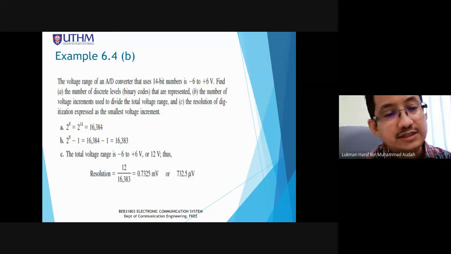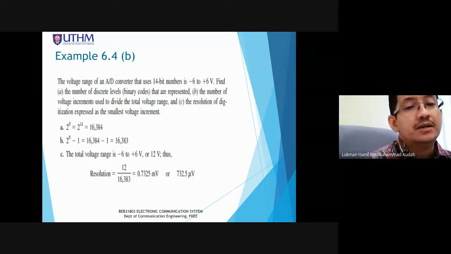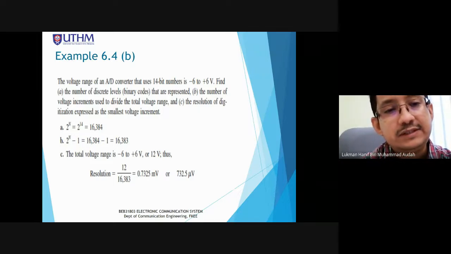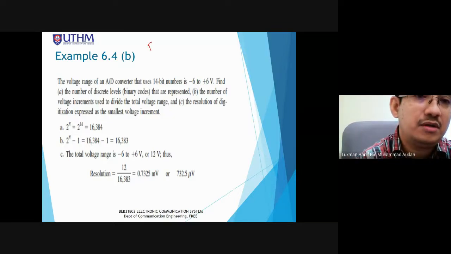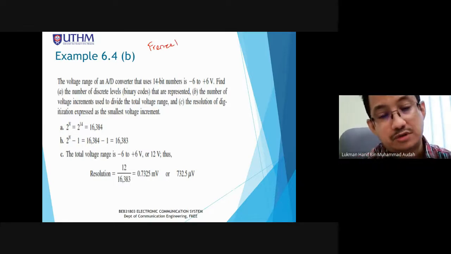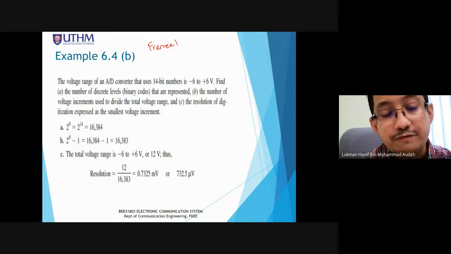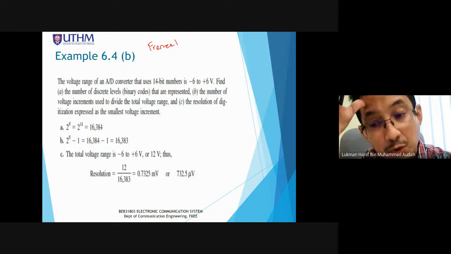So example ini, example 6.4b. So this example is taken from Frenzel's book. Diambil daripada buku Frenzel. Buku Frenzel ini saya sudah share dalam folder.